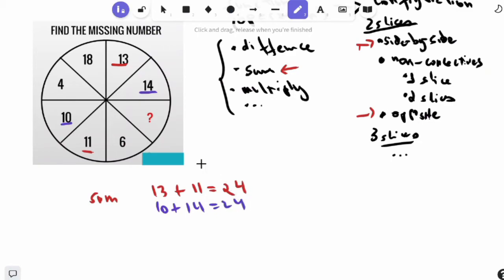So we don't have any slice with this 24 number here, but we have a pattern because they are equal. So if we apply this to the last opposite slices that we have available, 18 plus 6, we get 24 too. So this is the pattern that we get.